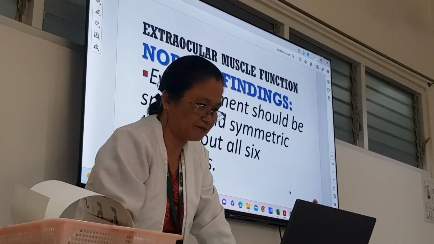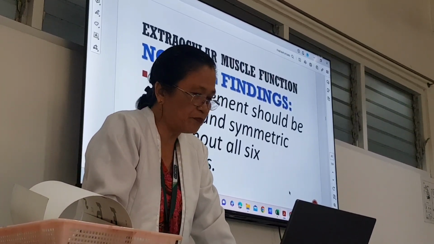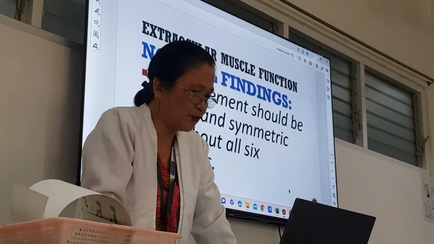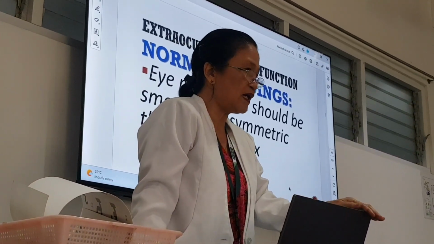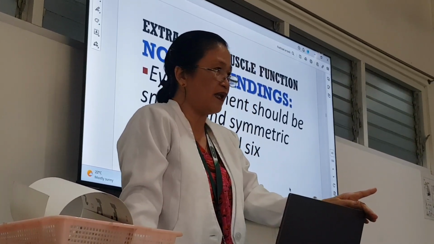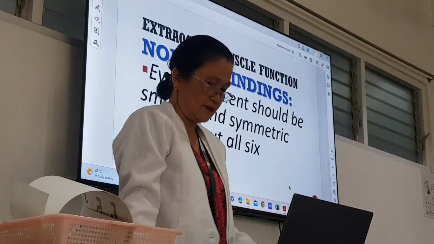Next. So the normal findings, eye movement should be smooth and symmetric throughout all 6 directions. So, what did you observe, Ms. Hakla, to the eyes of Mr. Gabriel? Smooth ba yung pag-move niya? Walang difficulty, okay.